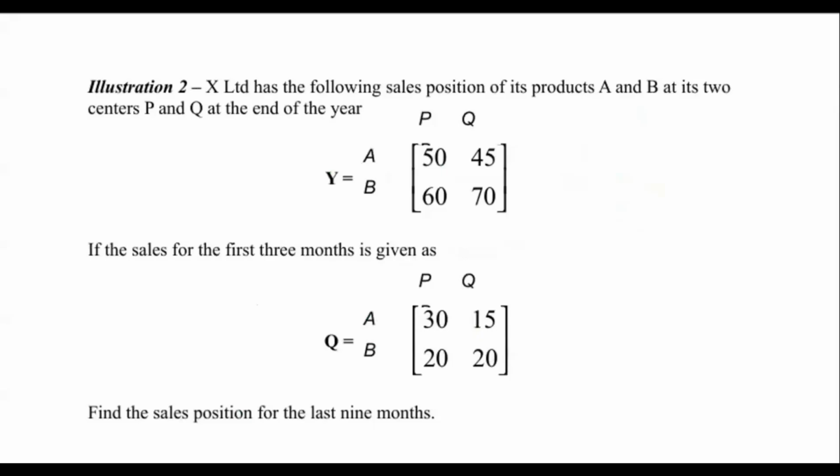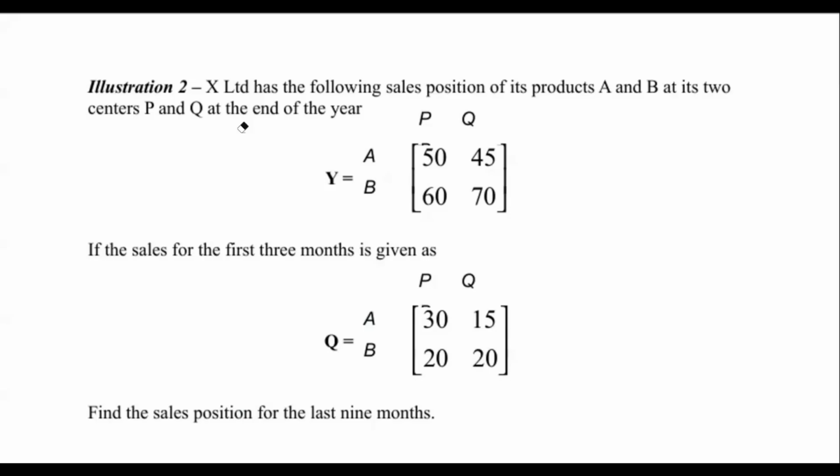They have the following sales of their products, A and B. They're selling two things, and it looks like they have two centers, P and Q, maybe two outlets, where they're selling these particular products, A and B. So two centers selling A and B, right?